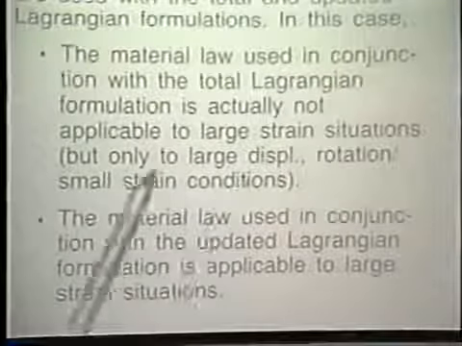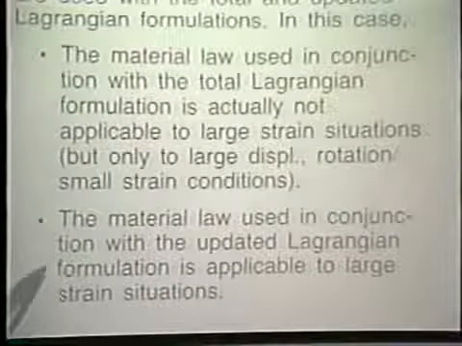So once again here, as summarized on this view graph, the material law used in conjunction with the total Lagrangian formulation is actually not applicable to large strain situations, but only to large displacements, rotation, and small strain conditions.